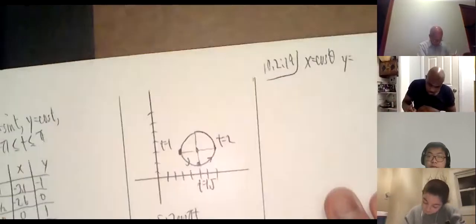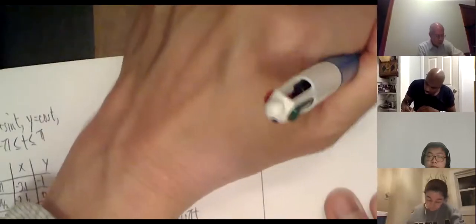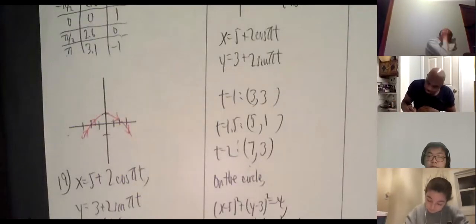X equals cosine theta. Y equals cosine 3 theta. Tangent line is horizontal or vertical. Okay, dy/dx is dy/d theta divided by dx/d theta.